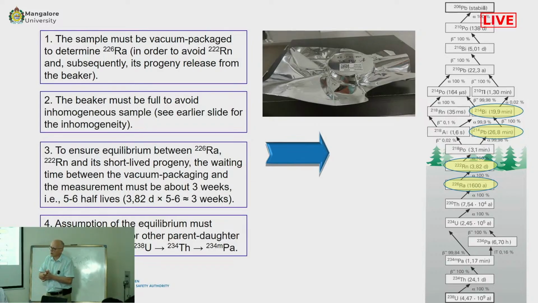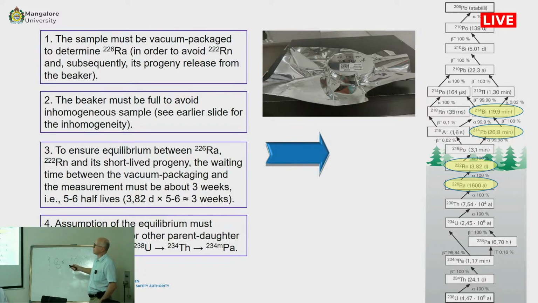Now, if I assume that it is in equilibrium, then I can give my radium results as uranium. Am I right? If there is equilibrium, then you can use this nuclide or this nuclide for results of this and this. But if there is no equilibrium, then not. I only measure radium-226. So suppose I assume the equilibrium.